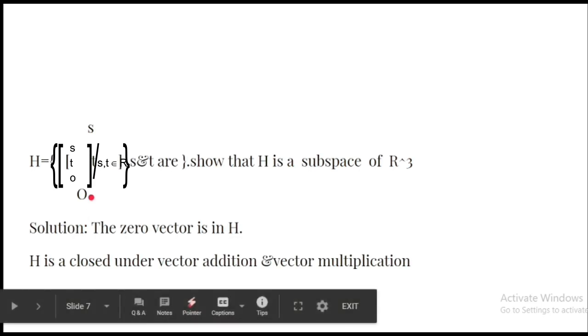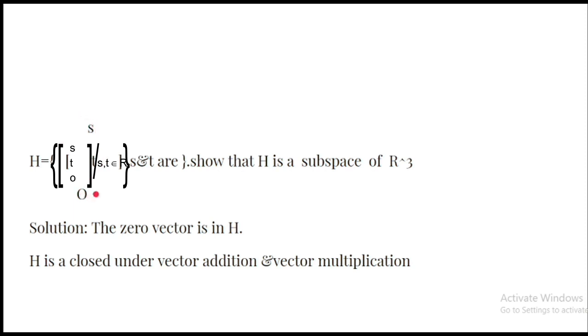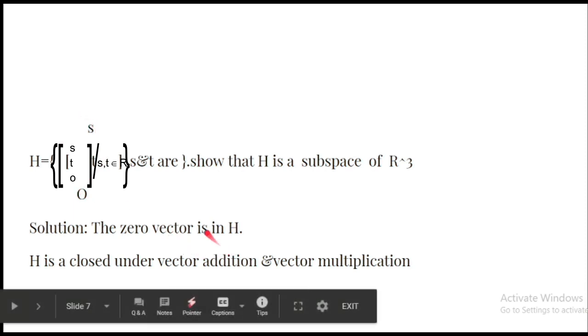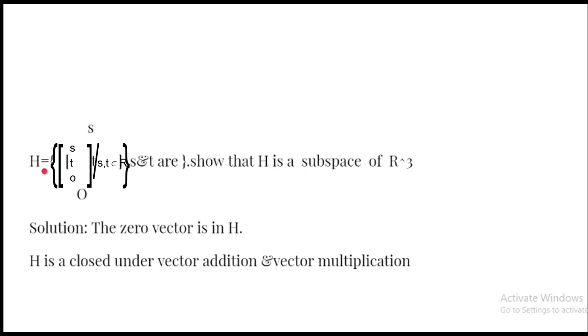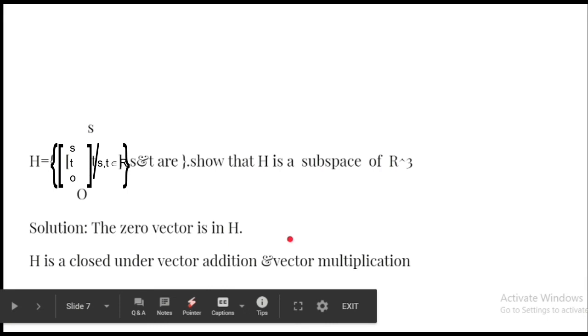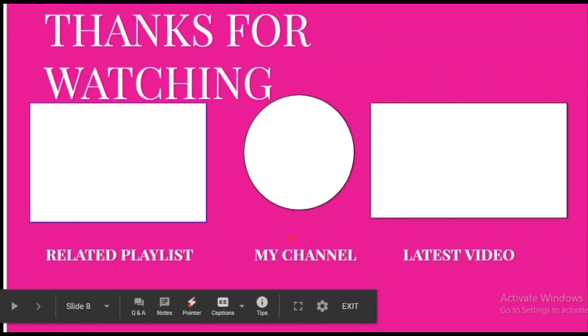So again we get the same form as H. So H is closed under vector addition. And for scalar multiplication, if we multiply by some constant c, we get c times H equal to (cs, ct, c0). So here it is a subspace.